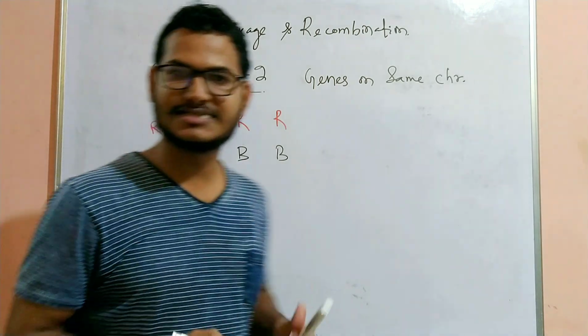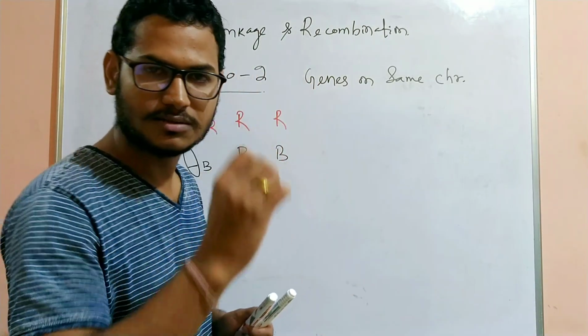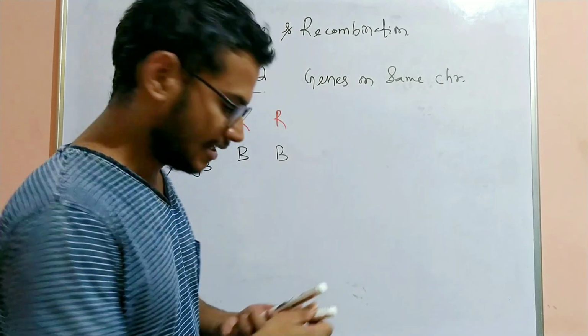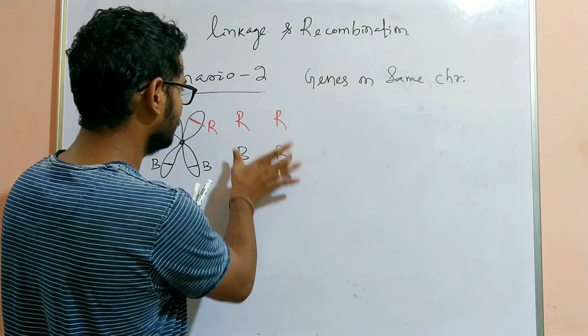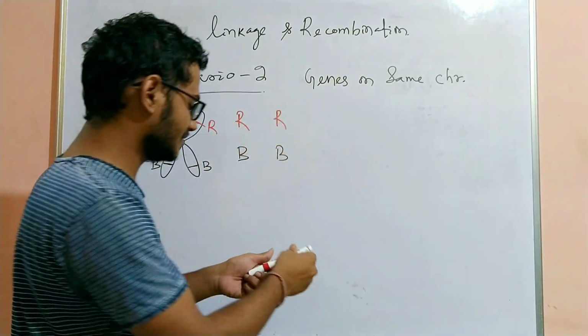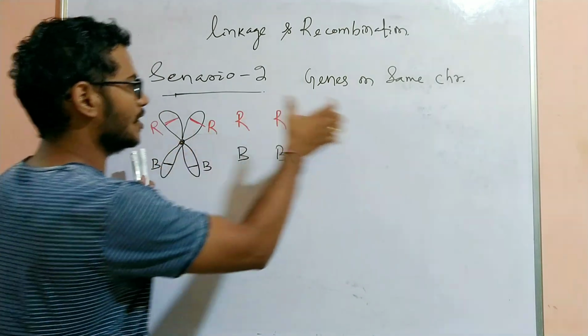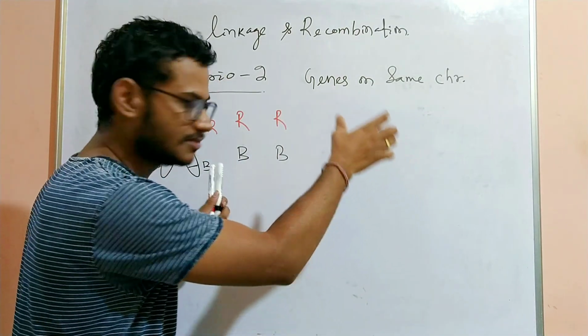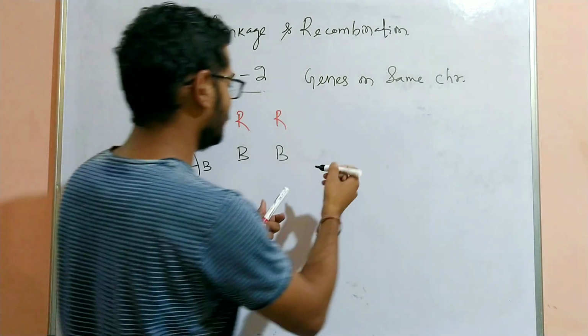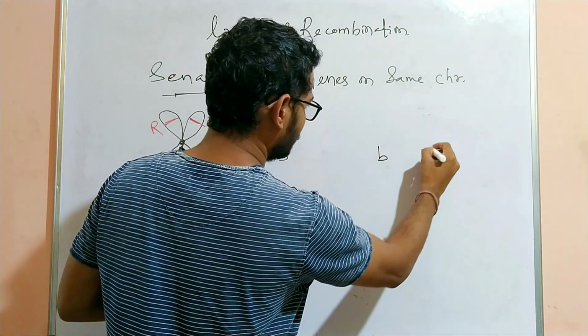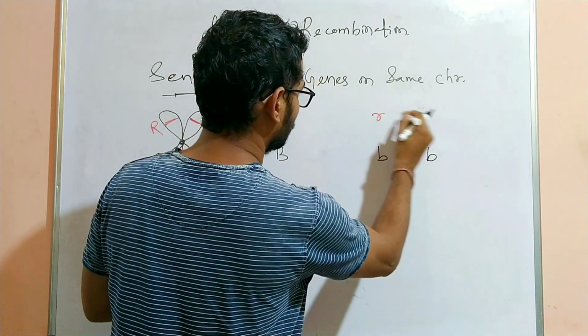Okay, so this is the exact arrangement. I want you to understand this. Another thing is that here all the dominant characters are there. This one is homologous to another chromosome, and that chromosome has the small b and small r.